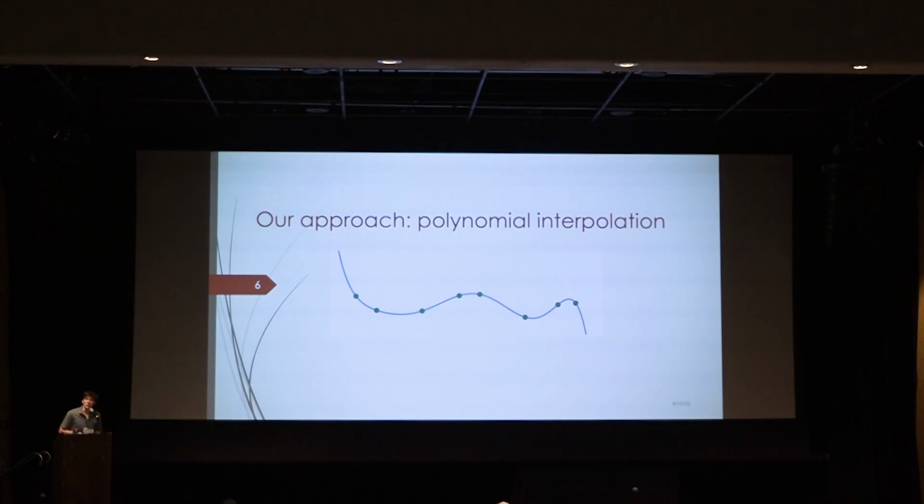Regardless, we get some quantity from our evolution, and it's going to have some functional dependence on the step size, okay? And what we can do with that data is we can always interpolate it with a polynomial of degree 1 less than the number of data points we have. And this polynomial will go through each point exactly, so it's not a fit. And we might hope that this would be a proxy, a representation for some actual functional dependence that's existing within the system.